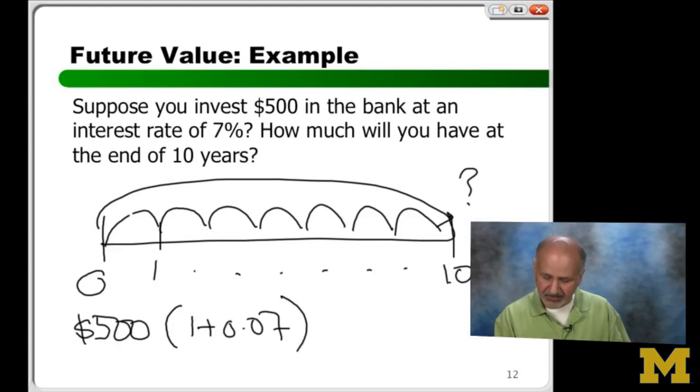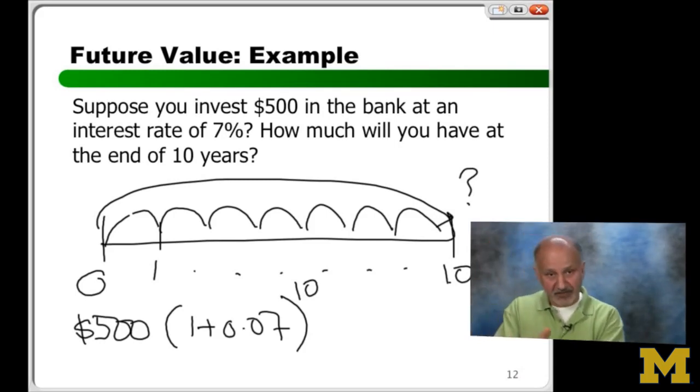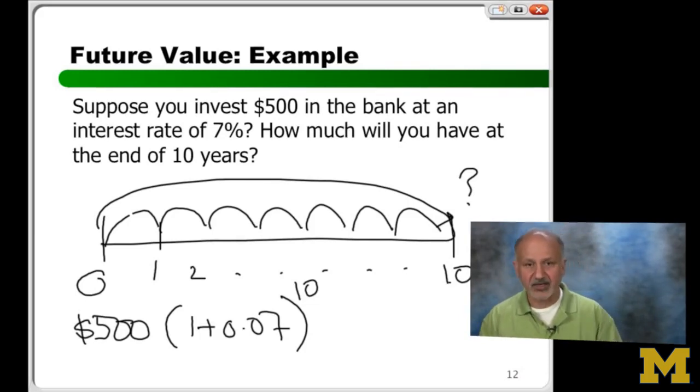How many times is this happening? I know it's happening over 10 years. So here's the problem. I'm raising it to the power of 10. And remember, every time you go forward, the factor is 1 plus r. So after this 1 year, it would be times 1.07, 1.07 square, and so on.